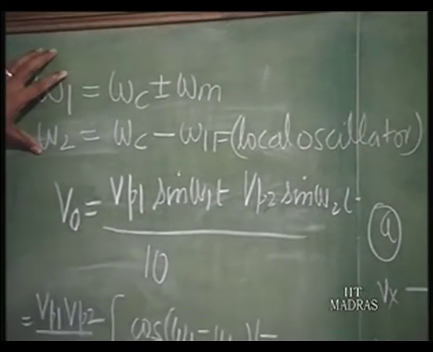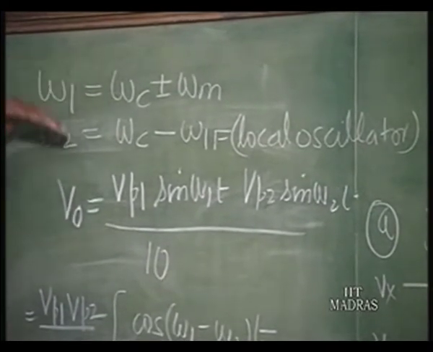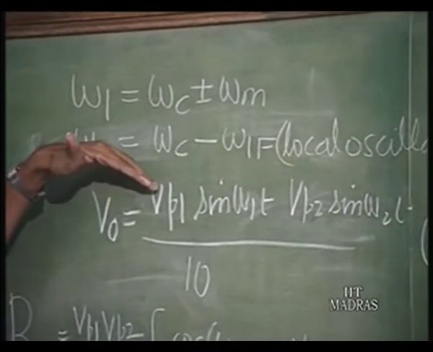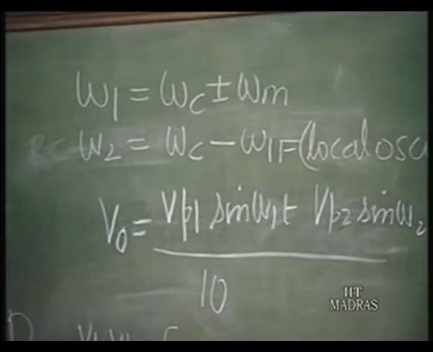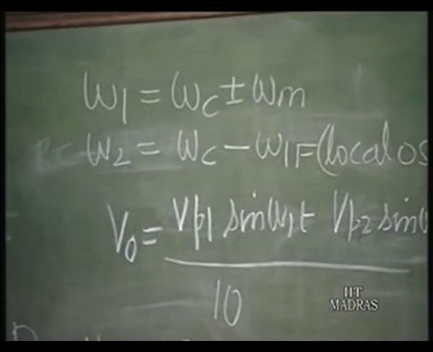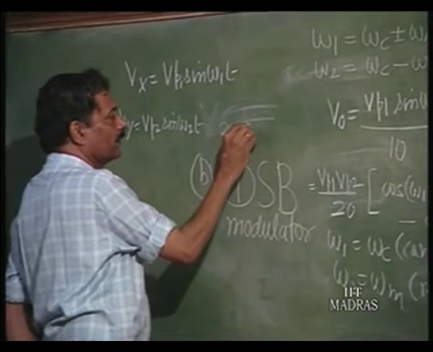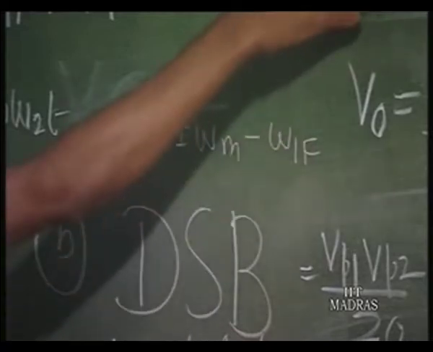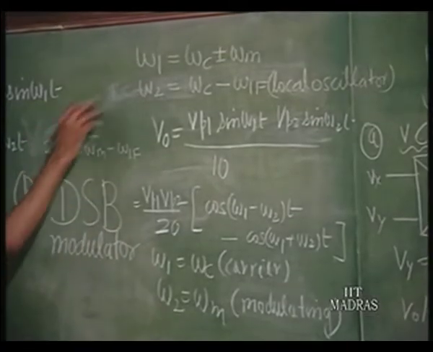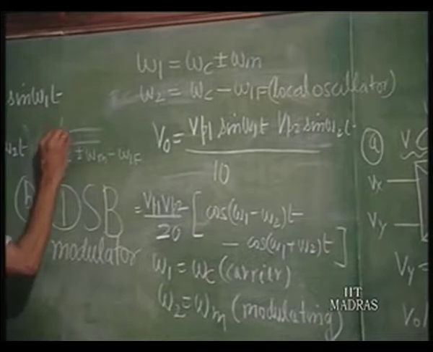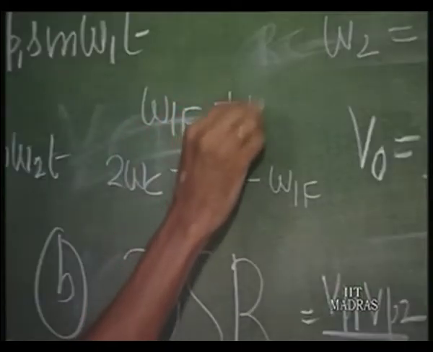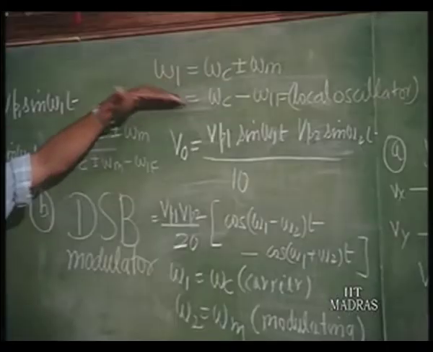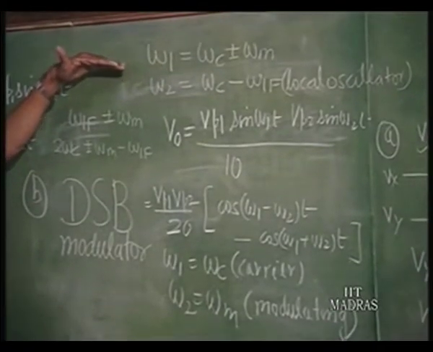Again, we get this plus this, and this minus this. So, we see that the output will correspond to 2 omega c plus or minus omega m minus omega if, this plus this, and this minus this, omega c will get cancelled, get omega if plus or minus omega m. So, when you mix this, it is called a mixer.